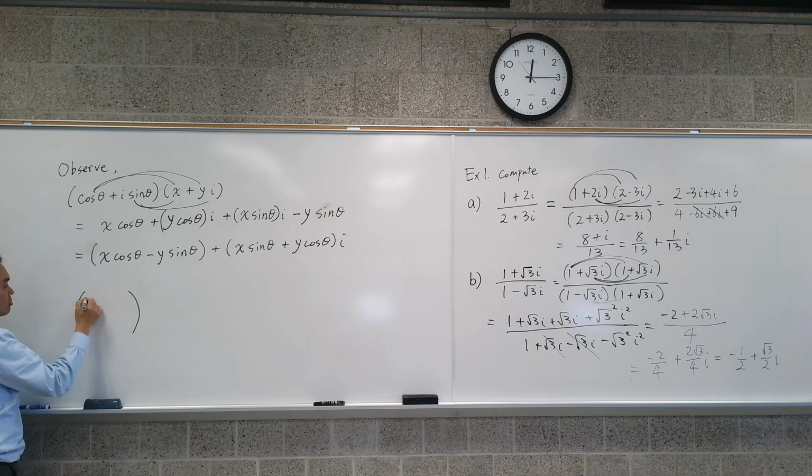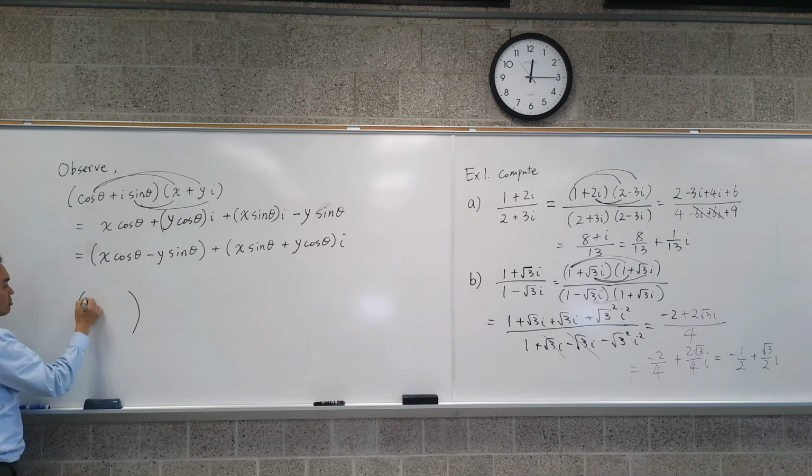So if you have any point on the plane and you want to rotate it by some angle theta to get this new point, then you just have to calculate this.